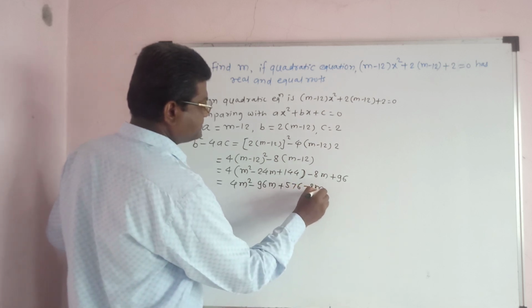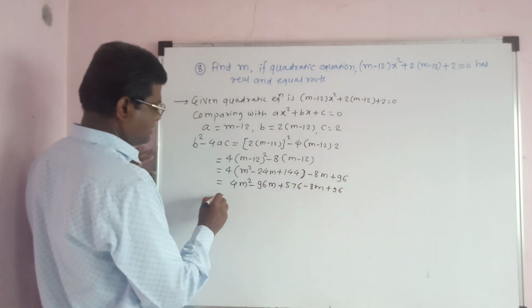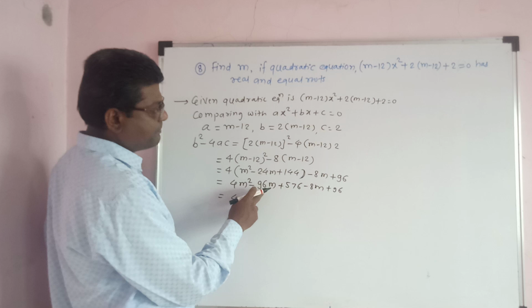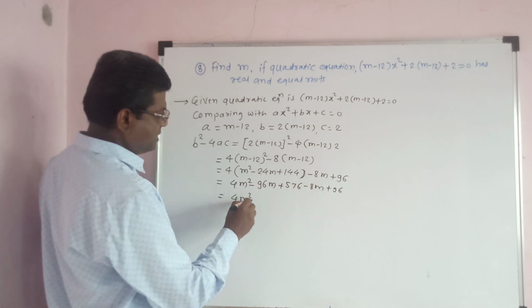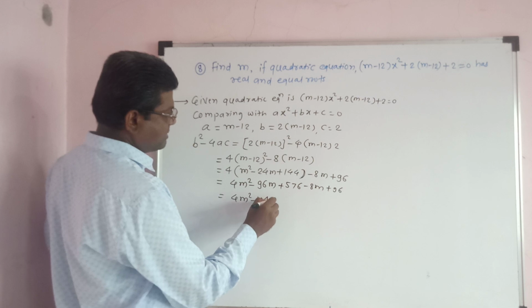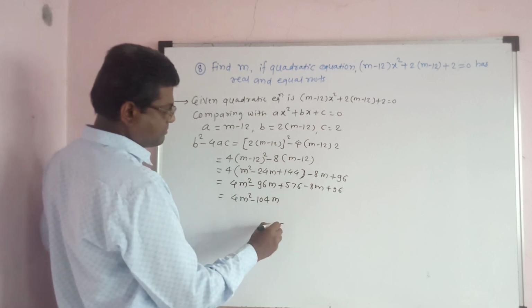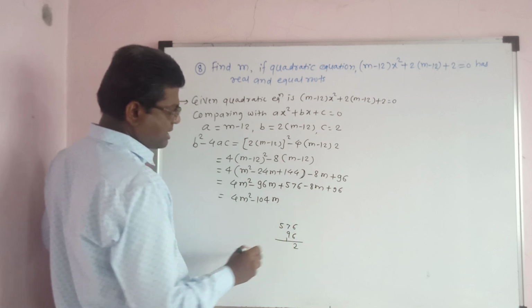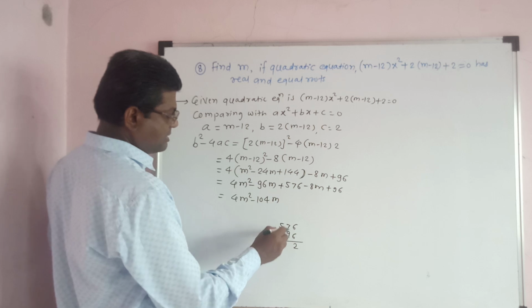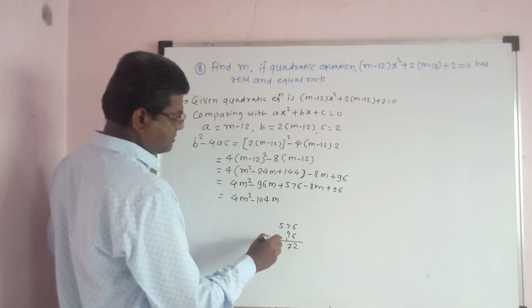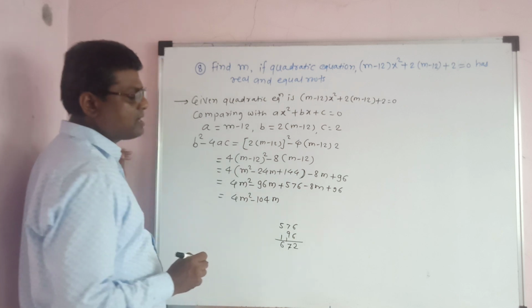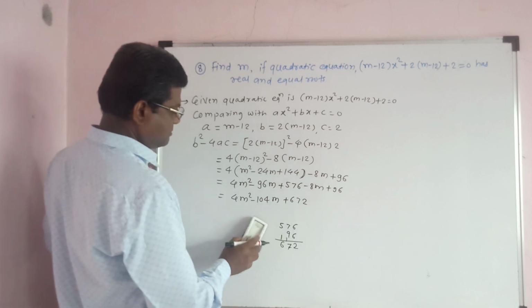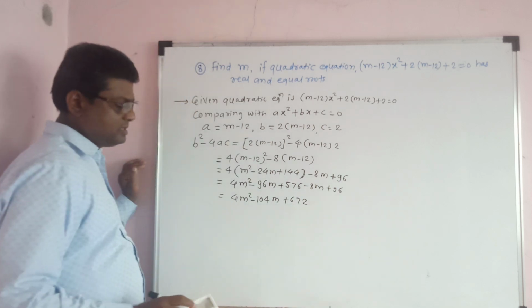Then −8m plus 96 is equal to 4m². Now −96m and −8m will be −104m, and 576 plus 96 will be 672. This is the value of b² − 4ac.